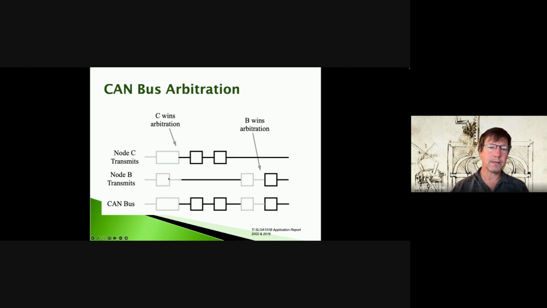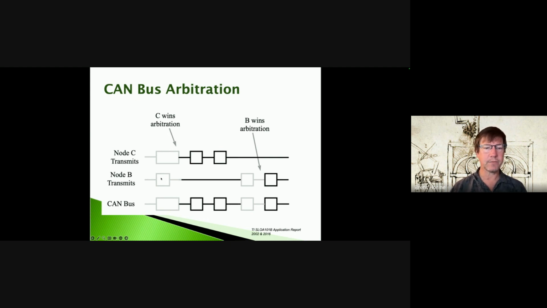And then they go inactive and are recessive, I guess. And now B realizes, because it's listening, oh, there's still someone talking on this. Because they're still talking, they must have higher priority than me. So they're going to win.